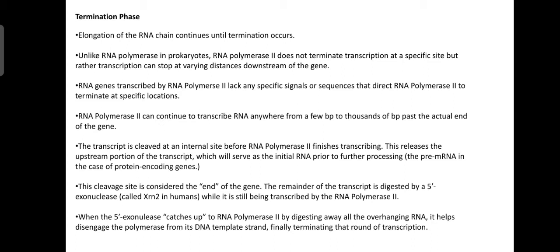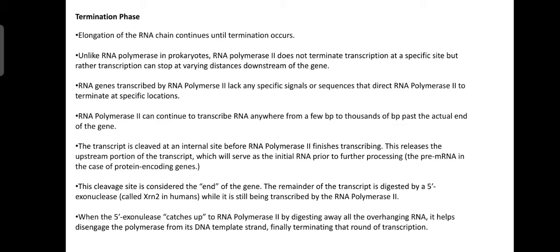RNA genes transcribed by RNA polymerase II lack any specific signals. Why is this termination not occurring? It means they lack any specific signals or sequence to tell the RNA polymerase II to terminate or to stop the transcription at a specific location, to tell that RNA polymerase II, it's enough, stop here, terminate the transcription here.